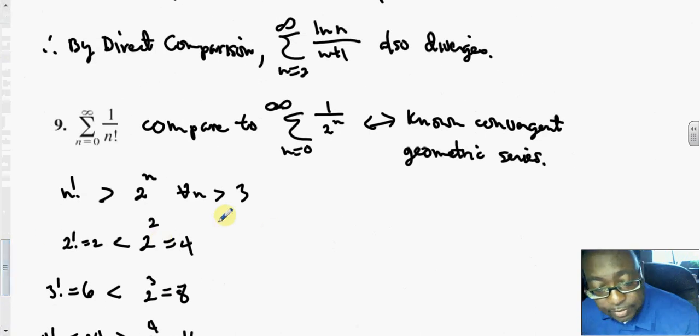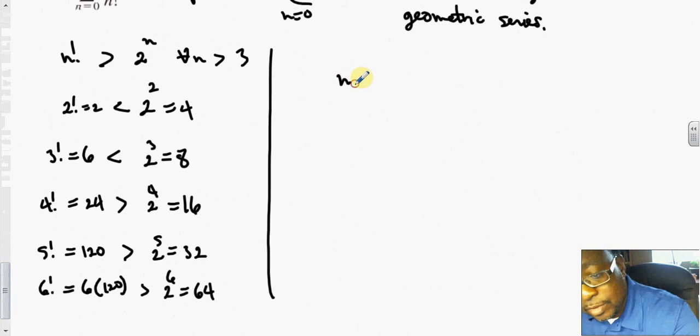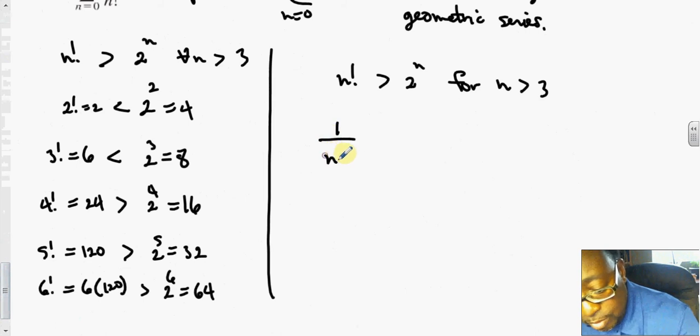So if that be the case, we have n factorial is greater than 2 to the n for n large, and particularly for n greater than 3. So then 1 over n factorial is less than 1 over 2 to the n.